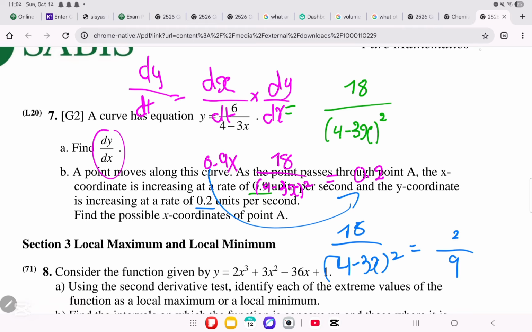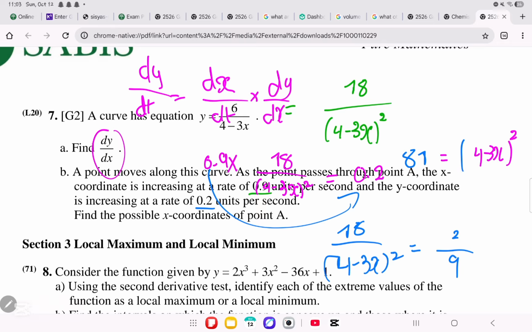You can do the crisscross method. So you would get 81, or sorry, not 81. 9 times 18 is 162. 162 is equal to 2 times 4 minus 3x squared, right? Now divide both sides by 2. When you do that, you're going to get 81 is equal to 4 minus 3x squared.